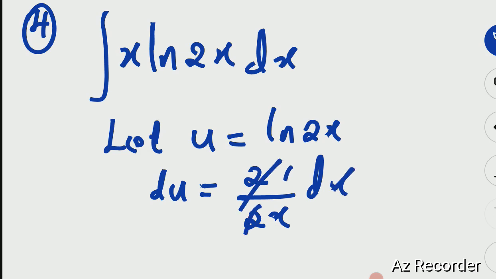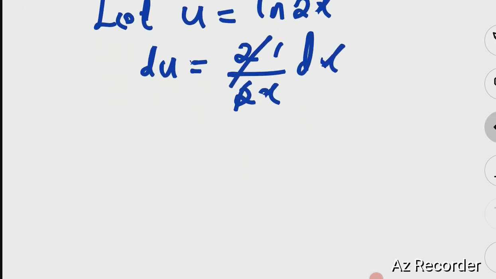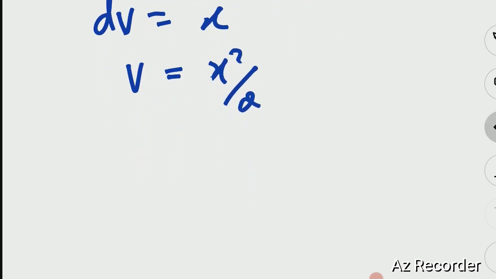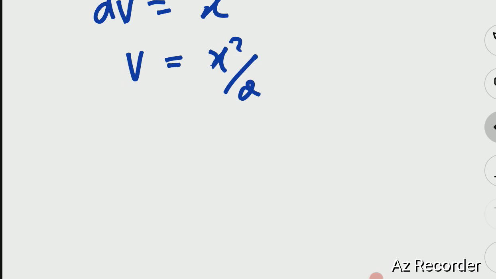Let's move ahead. We also have dv equals x dx. So v, integrating both sides, is x squared on 2. Now looking at that, you have uv.